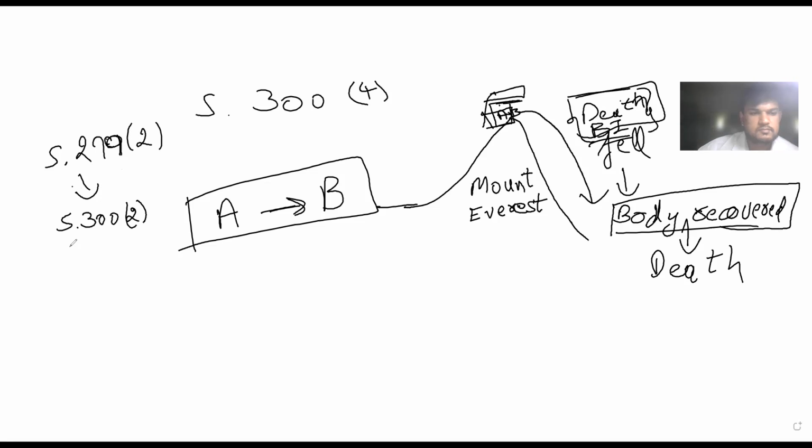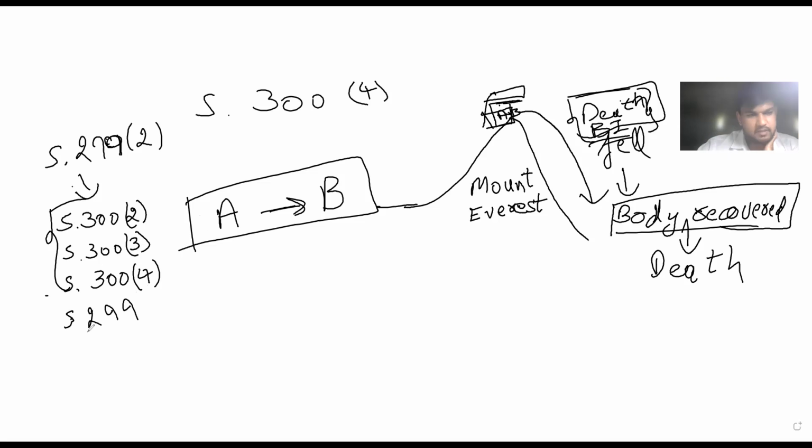Secondly, 300 thirdly, section 304. We can make him liable under any, right? And section 304 itself directly relates to section 299 3 as well, right?